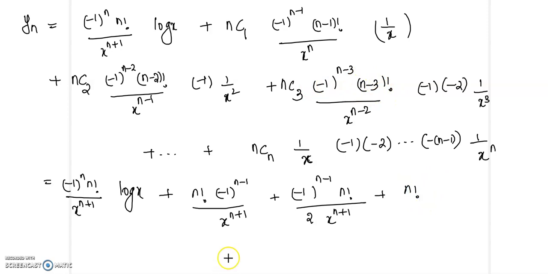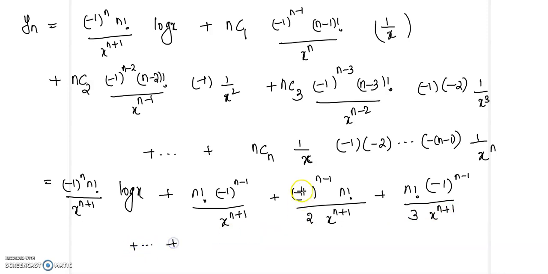Here it is n minus 3, and combining these two minus signs, the total power will be n minus 3 plus 2. So that is again minus 1 raised to n minus 1, and combining the powers of x, it is by 3, with x raised to n plus 1 in the denominator.